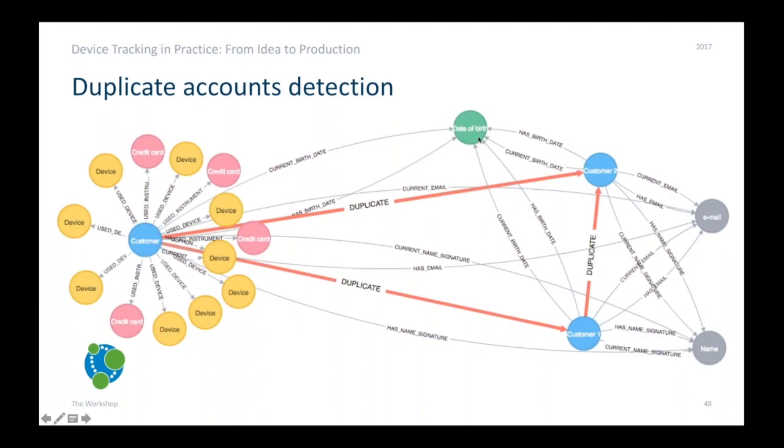They share the same date of birth, the same email address, the same name. One of them has several devices, several credit cards, and you can see the duplicate account relationship between the three of them. So for our system, we consider all these three accounts as the same identity.